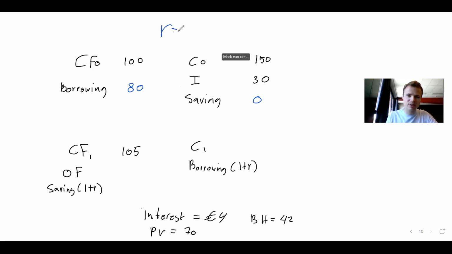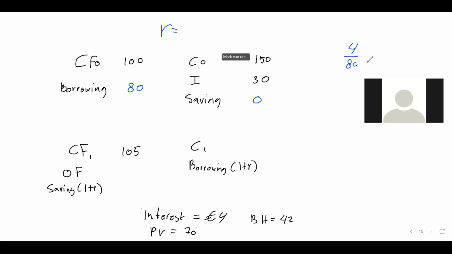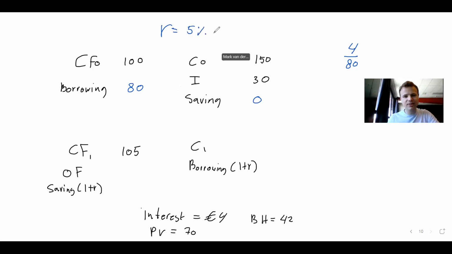So what is the interest rate then? You just have to divide 4 by 80, and that's 5%. Perfect. Is it clear how I got this interest rate for everyone?